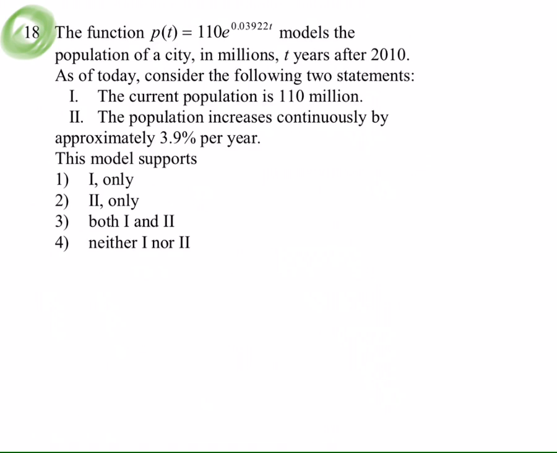Number 18. Now in this case, when you look at the function, they say the current population is 110 million. But in fact, the 110 million that you see is based upon 2010, not the current population. So the first choice is not correct. Second choice, the population increases continuously.